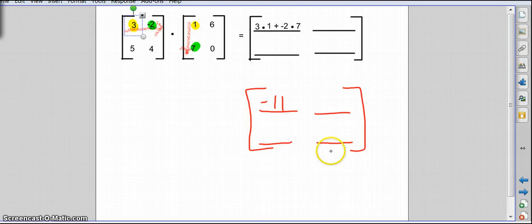Alright, let's go blue crayon. Now if I want to find out what goes in the first row, second column, I can get that by multiplying the first row by the second column. It's the same idea. I'm going to take the first element in this row, 3, multiply it by the first element in that column, 6.